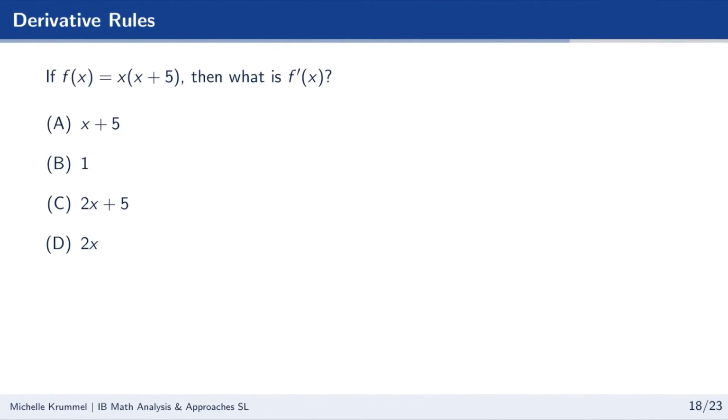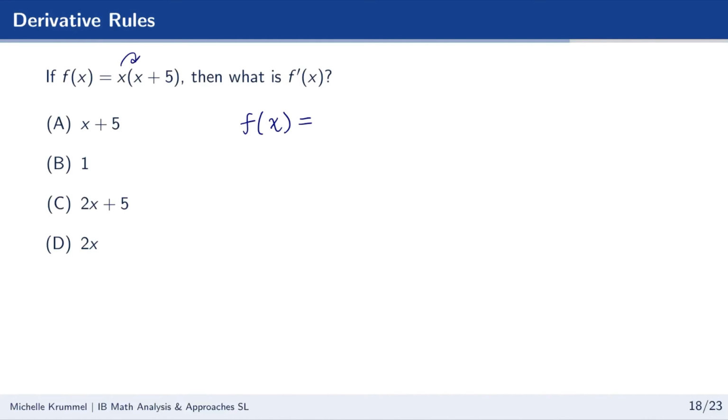If f of x equals x times x plus 5, then what is f prime of x? Well, again, we don't have any rule that allows us to multiply two derivatives together. Don't do that. Don't find the derivative of x and the derivative of x plus 5 and multiply them together. That's going to give you a wrong answer. What we need to do is simplify this or write it in a different way to where it does fit one of the derivative rules we already know.